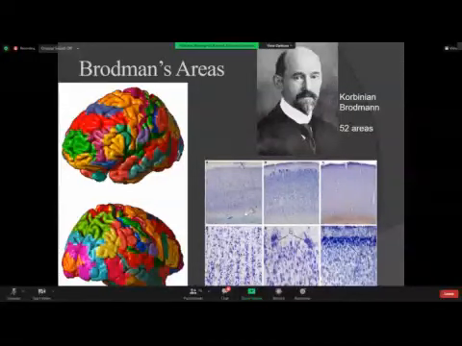Okay, and as it turns out, he wasn't just making a guess. It turns out that these 52 areas actually do have a specific function.